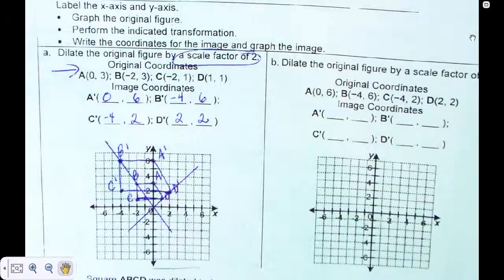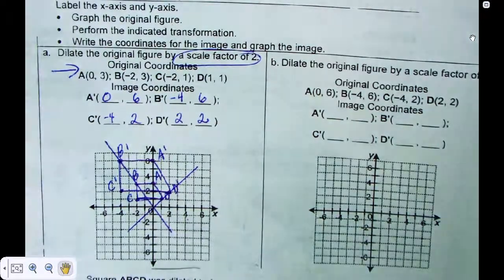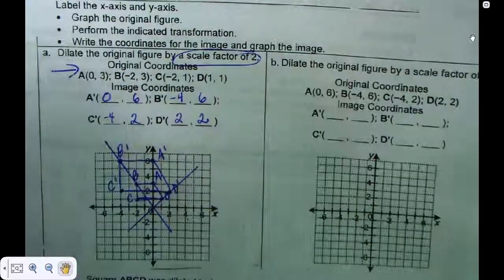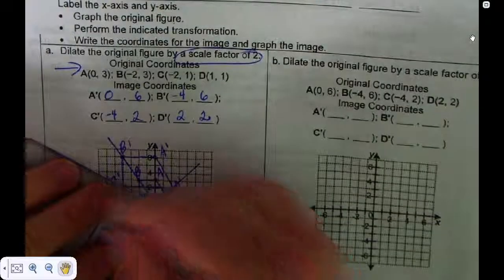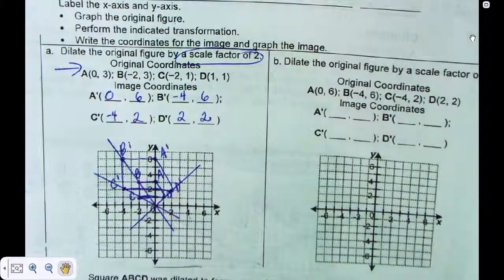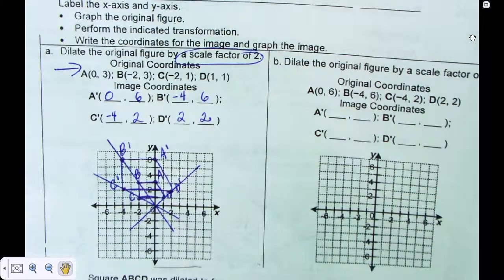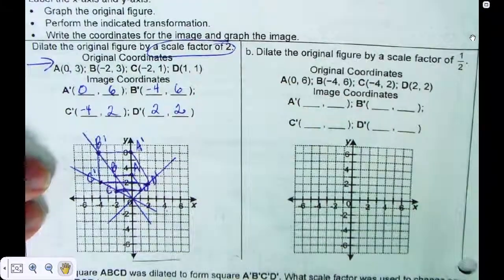A and A prime go because it's on the y-axis. And C prime? Yes. Yes, it has the same orientation. Yes, it's sitting in the same direction. Very good. It's not congruent, but the orientation is the same. Very good, Daniel. Okay. So we've graphed it right.